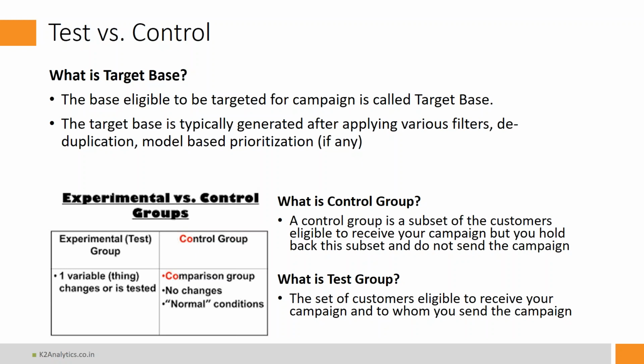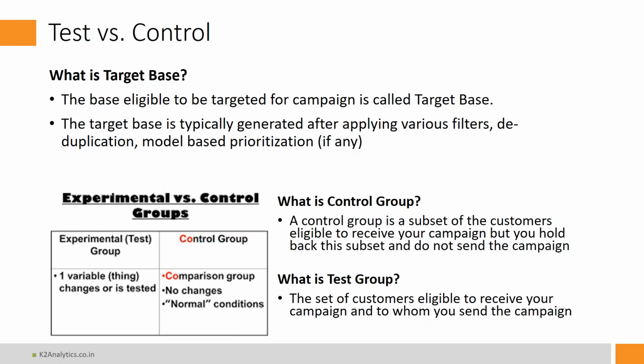That is a campaign-specific test and control. So you can have a test and control at an organization level, or at a specific campaign level. Also, for a specific campaign, you will keep a control. That is also possible. It all depends upon your design.